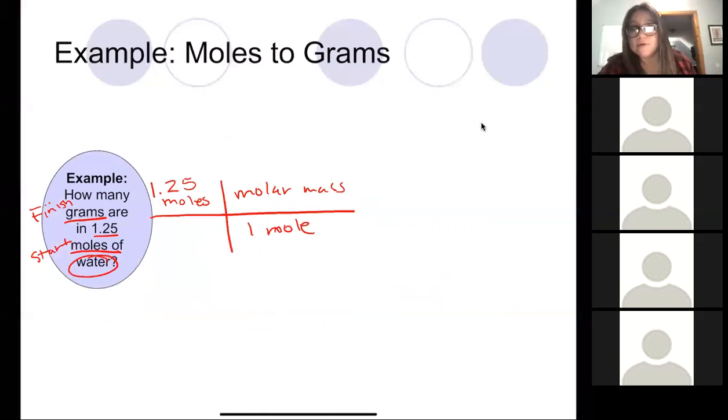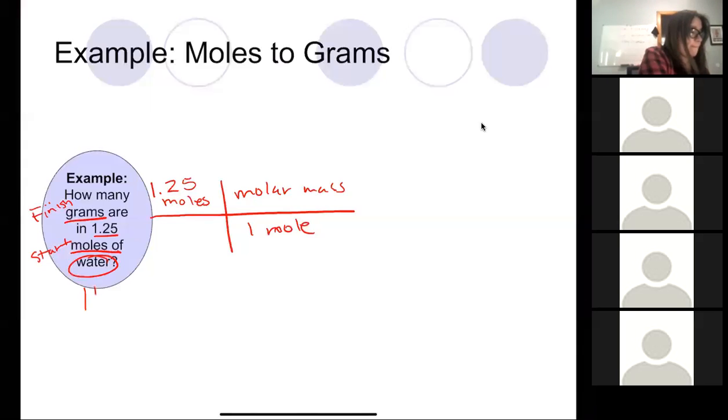Now, you might ask, well, that's not a formula, though. You guys can figure out the formula of water. I think all of us have known the formula of water since we were middle schoolers. What is the formula for water? Anybody know the formula for water?